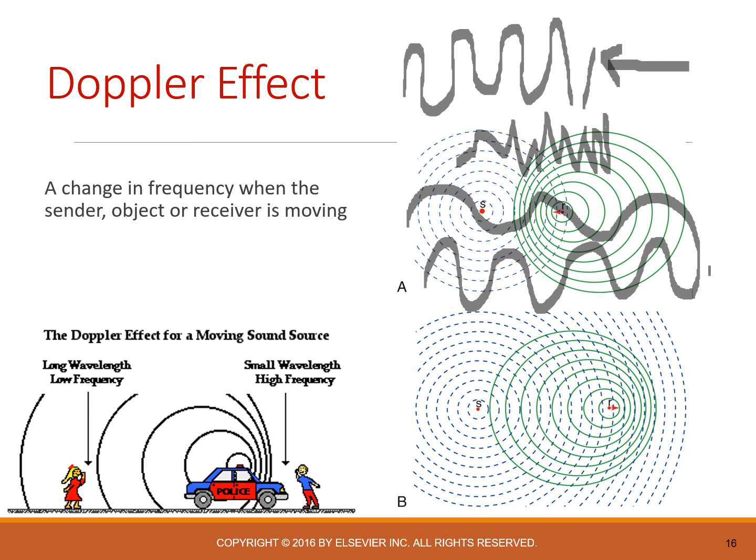So by seeing if I've had an increase or a positive change in my frequency, that will tell my machine that I have blood moving towards my transducer. If I have a decrease or a negative change in the frequency, that's going to tell it that the object I hit was moving away from my transducer. But either way, a moving reflector will cause a shift in frequency, and that's what we call the Doppler shift.